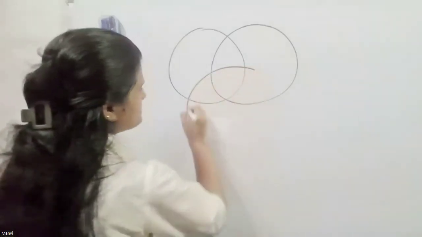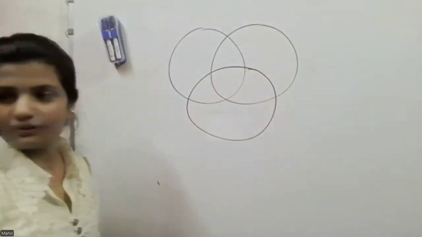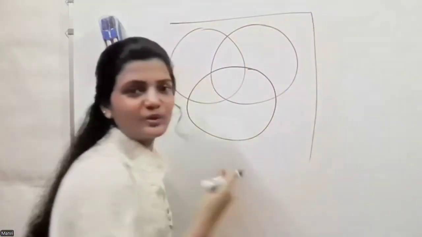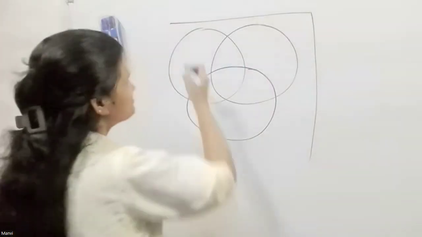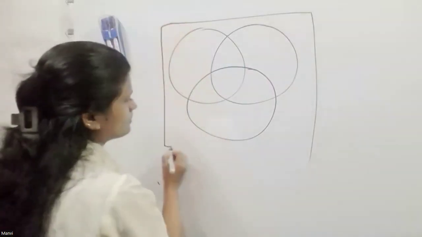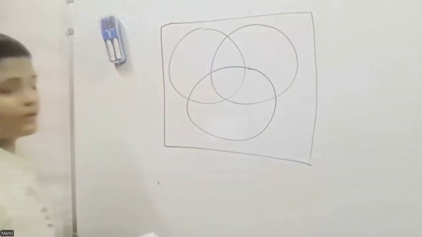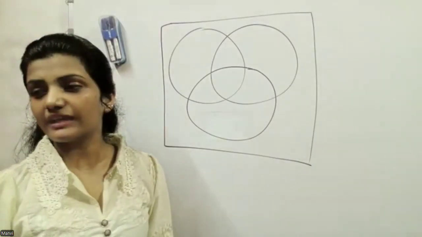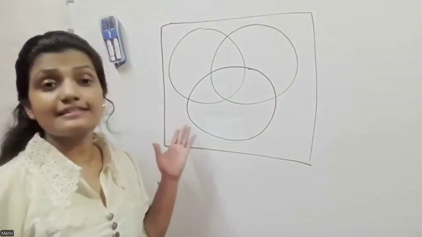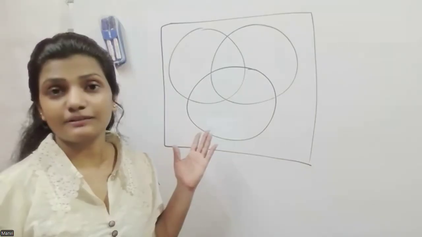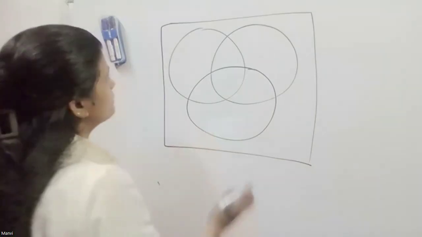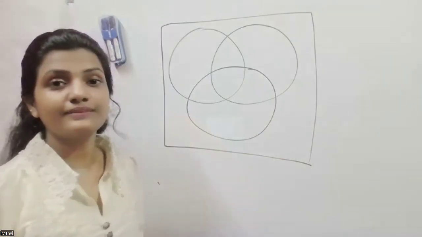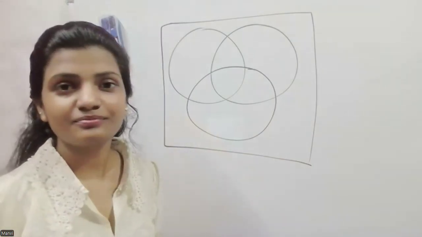So here we have 3 circles. If you are comfortable with 3, then 2 is very easy, right? Here there are various languages selected by the children, spoken by the children in the house.